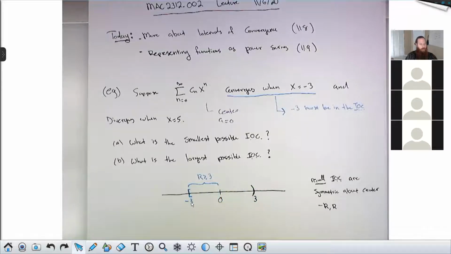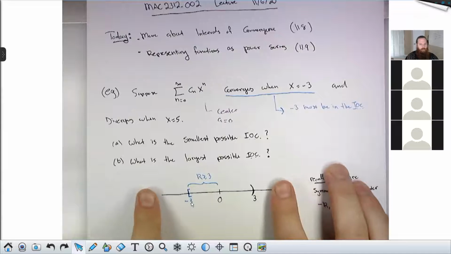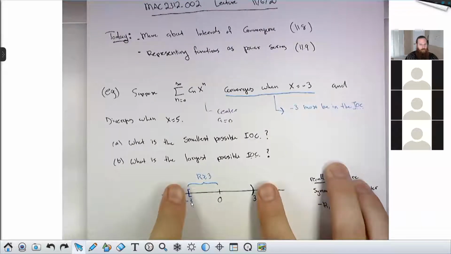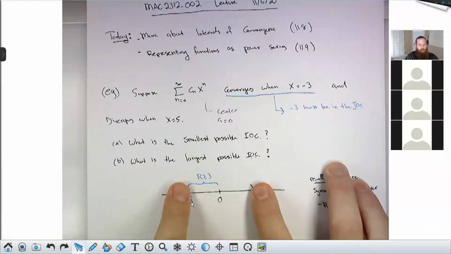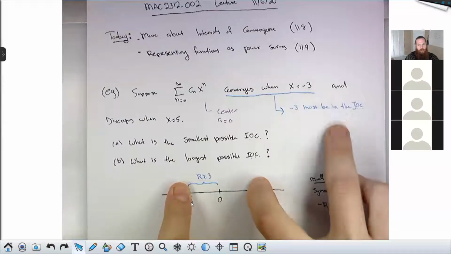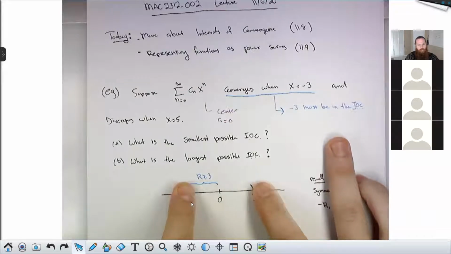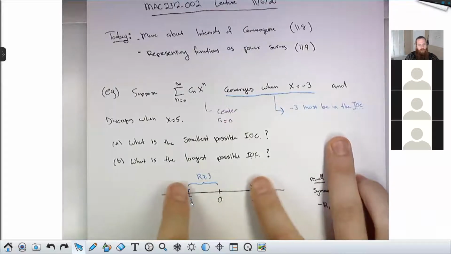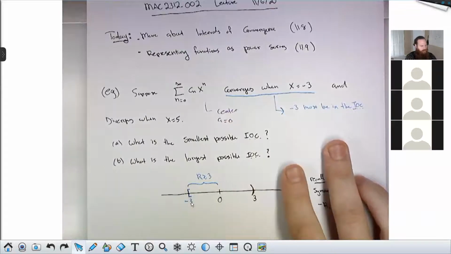So if I want to think about what's the smallest symmetric interval about 0 that includes -3, I have to be shrinking in symmetrically like this, and I got to stop here because I have to include -3. If I came in any further, then -3 wouldn't be in the IOC, but I know that -3 is in the IOC. And because of the symmetry, I can't come in any further on this side. My interval has to be symmetric about the center. So this is my worst case interval of convergence.